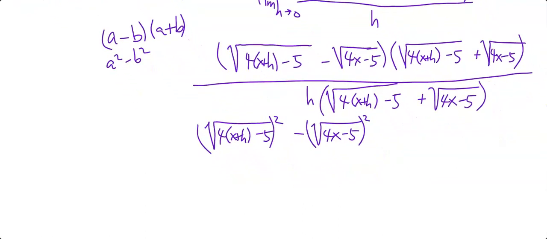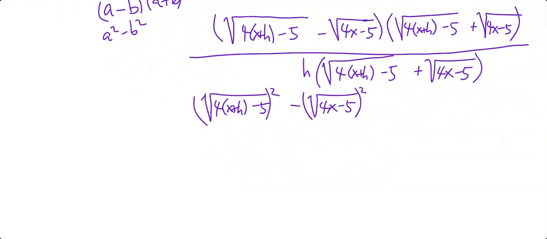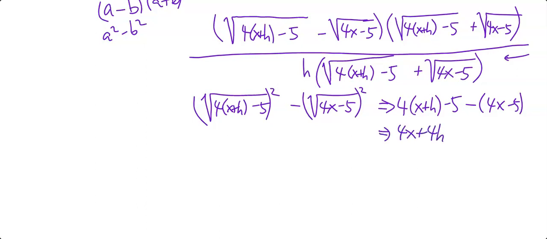This part here still stays the same. I'm just not going to write it again. So now the square root squared just becomes 4(x plus h) minus 5, and then minus (4x minus 5). So we're squaring the square root of something. Let's simplify that: 4x plus 4h minus 5 minus 4x plus 5.